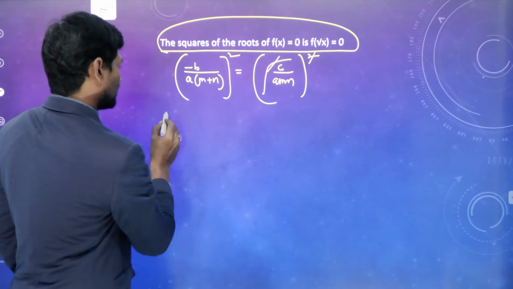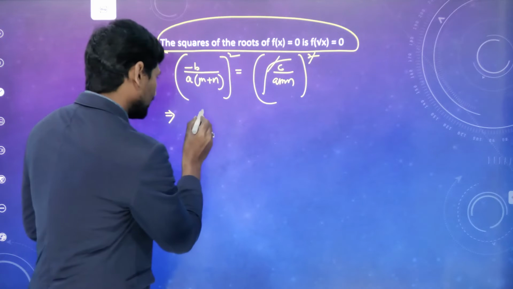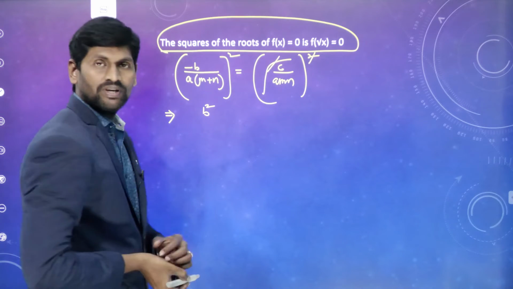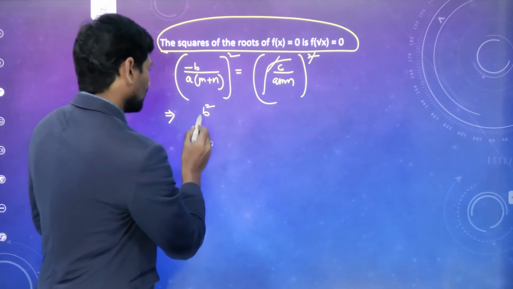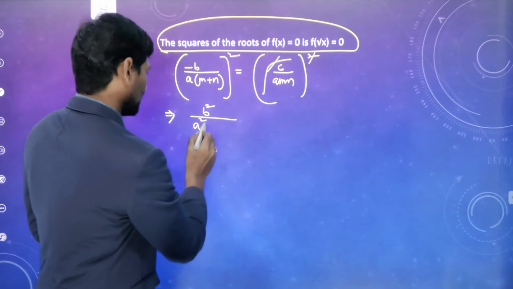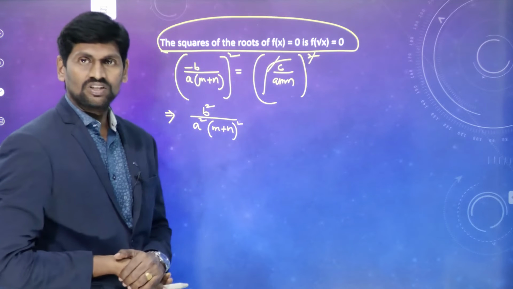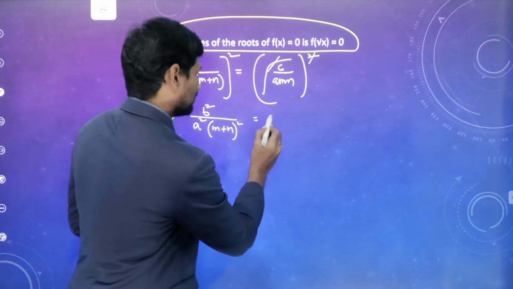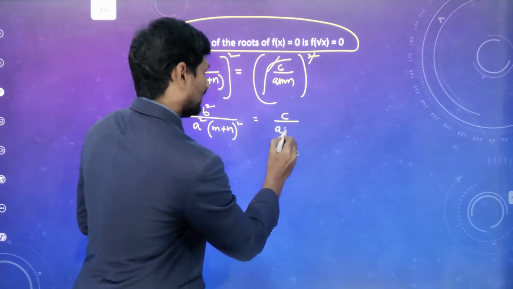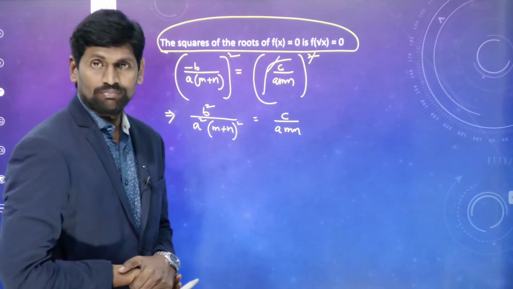Now apply the square on this side. When you apply the square for minus b, it will be b square, because minus over minus becomes plus. And apply the square for a, it is a square, and m plus n whole square. That equals c by a into mn.